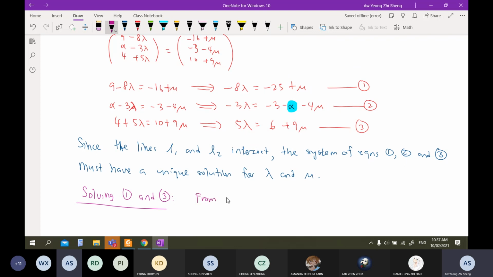Here I choose to use elimination method. No, I mean substitution method. From equation 1, I have mu equals 25 minus 8 lambda. Into equation 3.